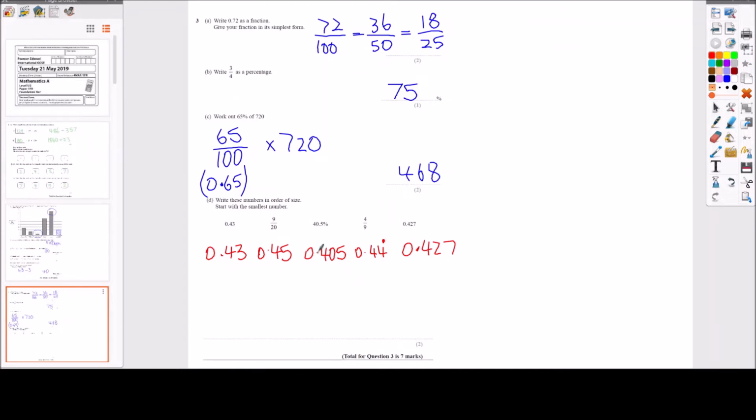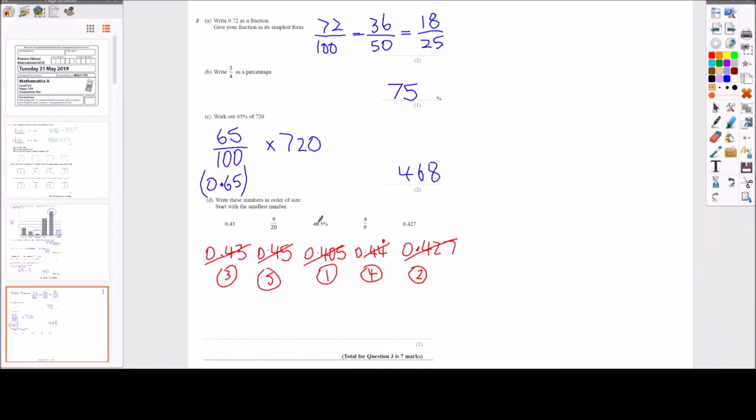So that's the smallest one, isn't it? 0.40. Nothing else is 0.40. So that's that one done. Then 0.42 is that one. Then 0.43. Then 0.44. And then 0.45. So now that I've got the order, make sure you just write the answers down.